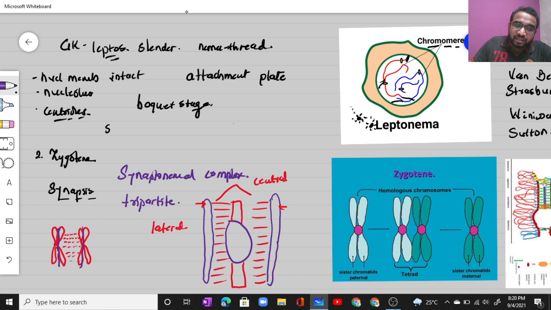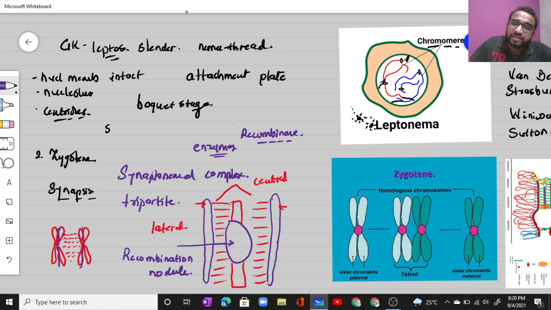Along with that there is this roundish purple structure that we can see. This is called the recombination nodule, which will be present at certain specific regions over here. So what is this recombination nodule? Basically, it has different types of enzymes, like recombinase enzyme.